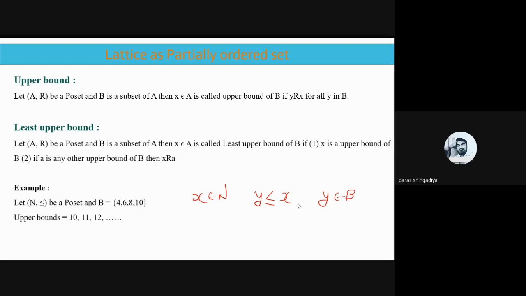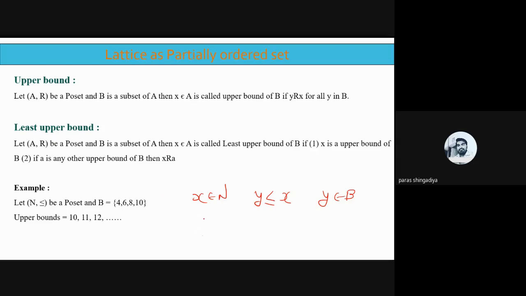And here the values of B are given: 4, 6, 8, 10. The last entry is 10, and that is the greatest value in this. Clear? So we have to start our choices from 10, because 9 is not possible. Why is it not possible?